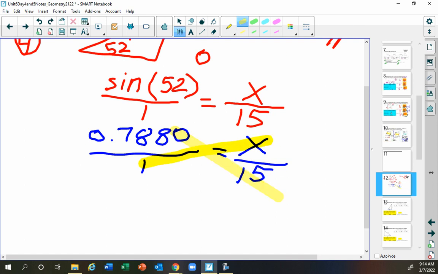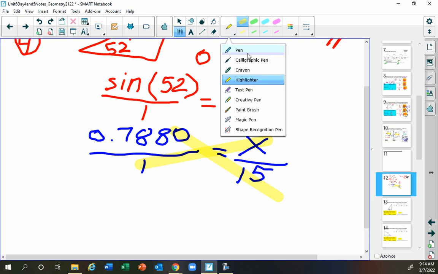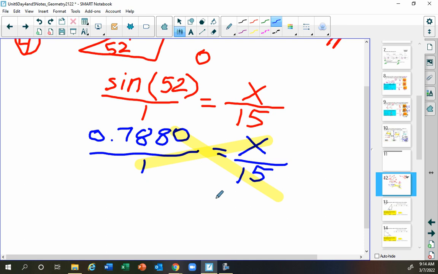Boom. Diagonal. So do your diagonals. So in the end, what are we really multiplying in the end? 15 times 0.7880. Got to get those.